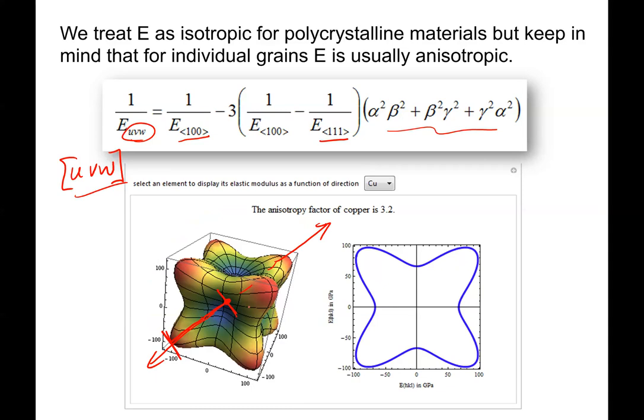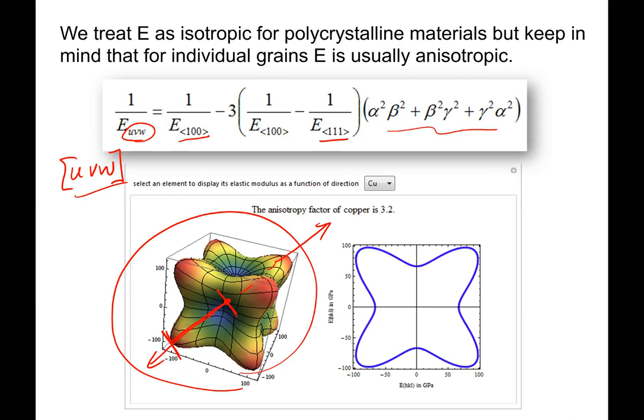That would represent the stiffest direction, the highest value of the elastic modulus. And so this kind of a plot is just trying to show you visually how much the anisotropy is for a given material. So if it was completely isotropic, then this would be a sphere. So the distance from the center to the sphere surface would be everywhere the same.